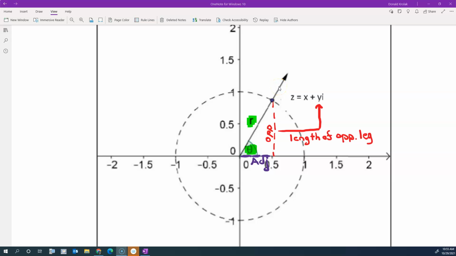Okay. So that y right there, that's the length of this red side. This purple side, that's the adjacent leg. Okay, that's equal to the x-coordinate.